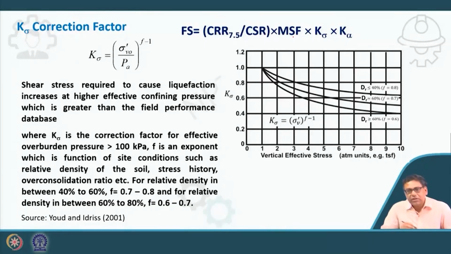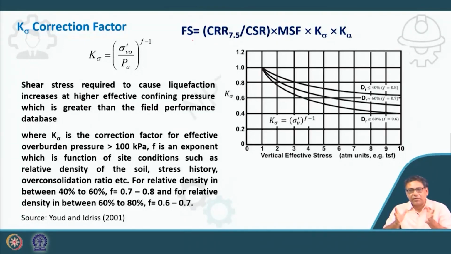So in addition to that, there are two other corrections that should be applied. What are those two corrections? One is K sigma, another is K alpha. Before that, this is the factor of safety. You know, factor of safety is CRR 7.5, that is the stress required to cause liquefaction, or the resistance stress, divided by the stress developed during an earthquake.